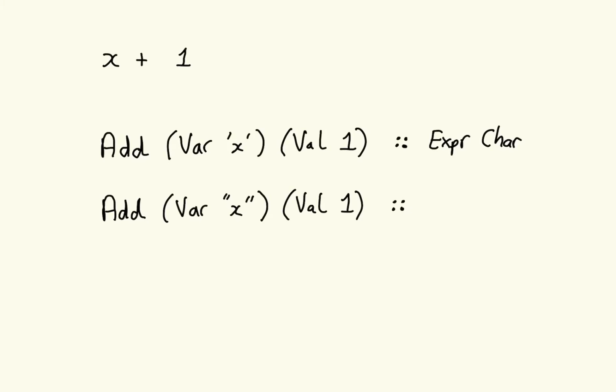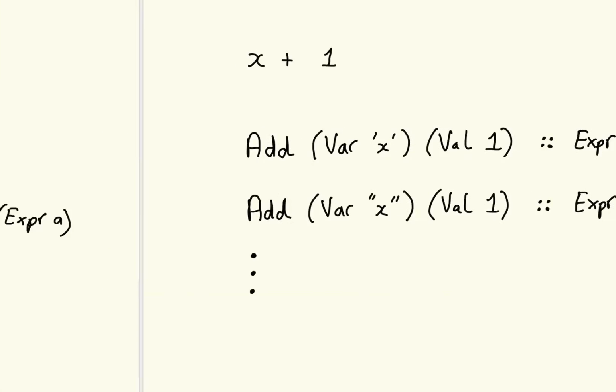And this time around, this would be an expression whose variables are strings. And again, this is because this time the variable is a string in double quotes, so we have an expression whose variables are strings. And of course, we could imagine representing the variable in many different kinds of ways. So in general, there may be many more other ways that we could represent this particular expression x plus 1.